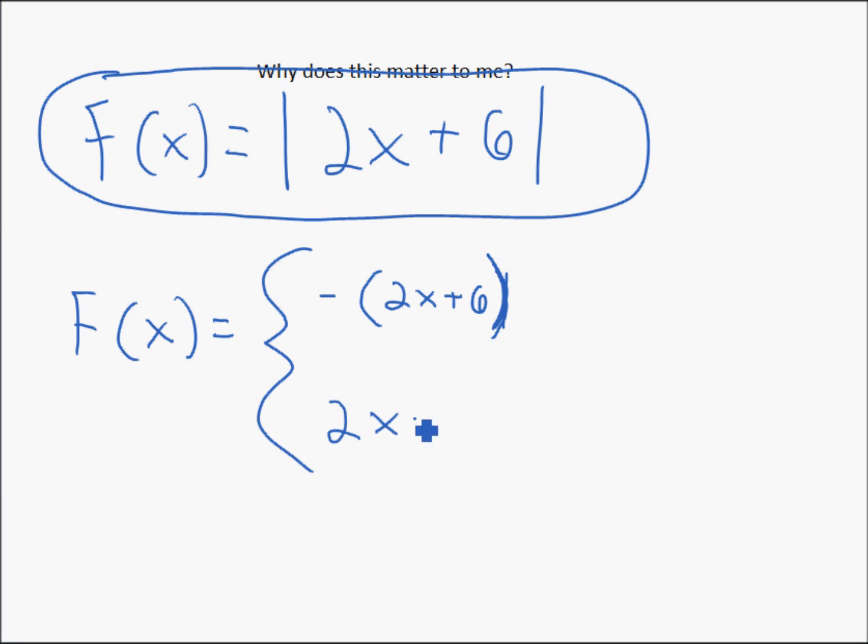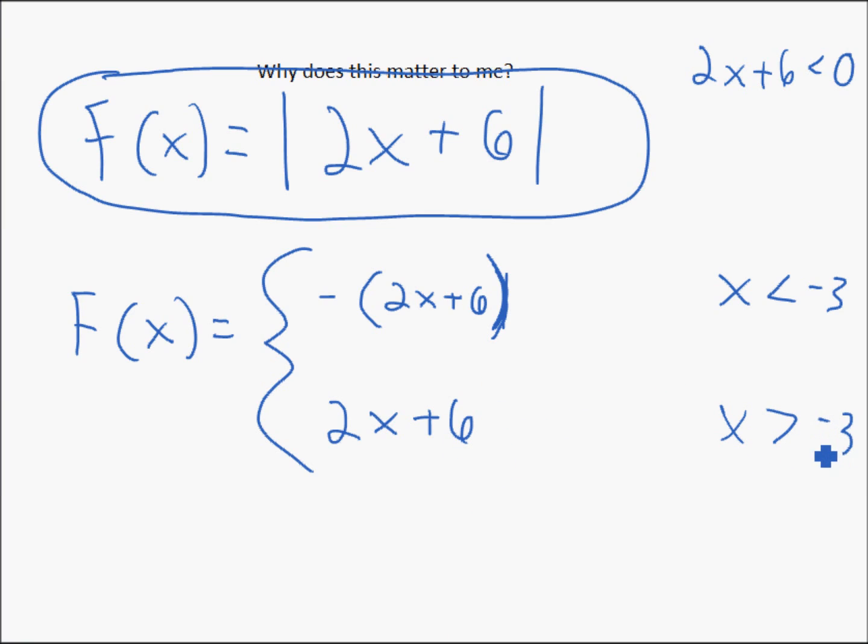F of x either equals the opposite of 2x plus 6 or it equals 2x plus 6. And it's going to equal the opposite of 2x plus 6, remember, when 2x plus 6 is negative. If 2x plus 6 is less than 0, then the absolute value changes the sign. Well, that happens when x is less than negative 3. It's going to equal just 2x plus 6 when 2x plus 6 is greater than 0. Well, that happens when x is greater than negative 3.